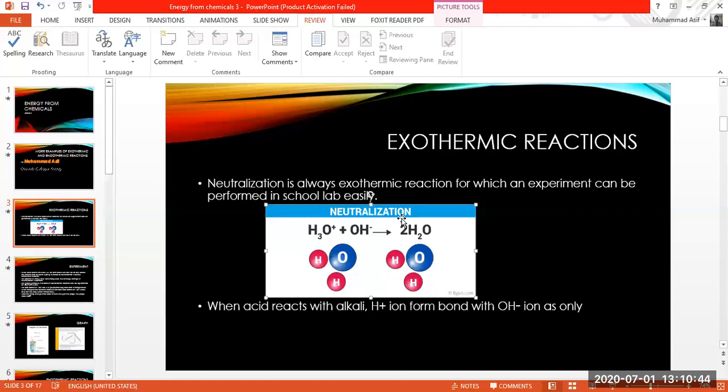As water is less ionized, that's why the ionic equation for the neutralization is represented by this equation. By this equation, as the bonds are only going to form and no bonds are going to break, that's why the neutralization reaction is always an exothermic reaction.